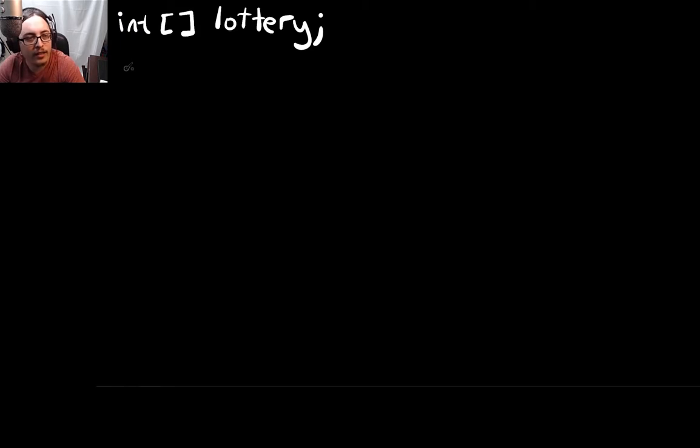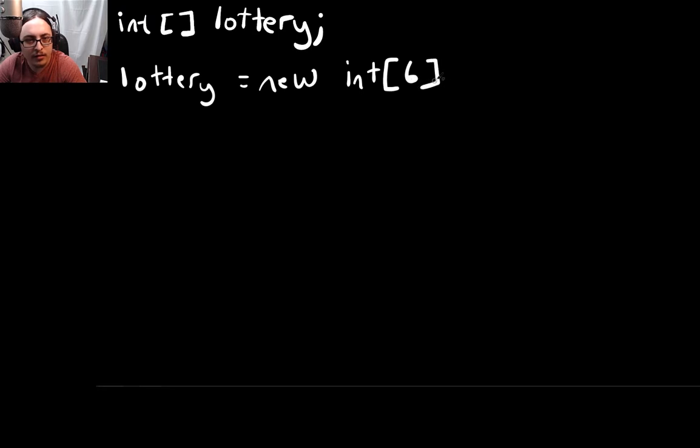So say we have int lottery array, right? So here we've declared it. So we have int array lottery declared, and now we can assign it by going lottery equals new int of size 6.